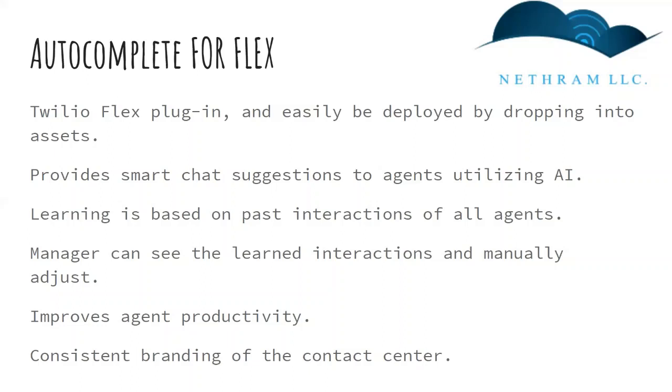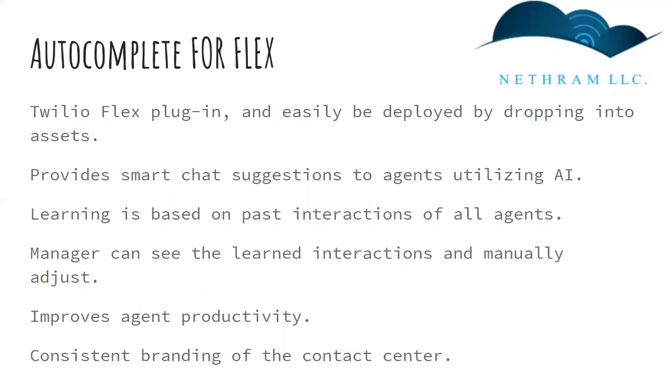The main difference is that this uses the learning of all agents, and managers can see the learned interactions and manually adjust. So if poor patterns have come up, the managers can see those poor patterns and change them so that good patterns come as agent suggestions.